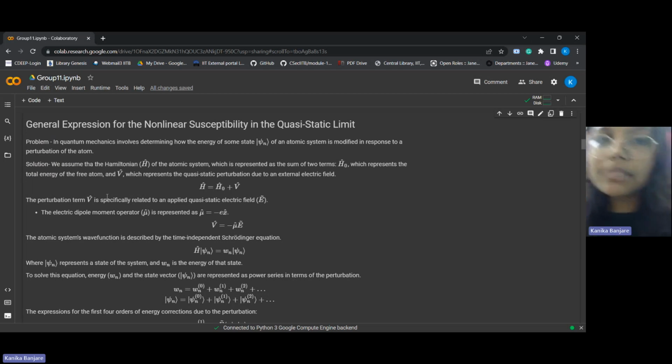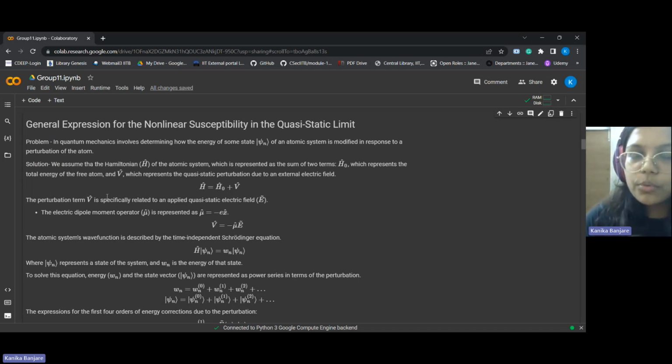Here, the problem in quantum mechanics involves the energy states of the atomic system, and whenever an electric field is applied to it, they are modified due to the perturbation.